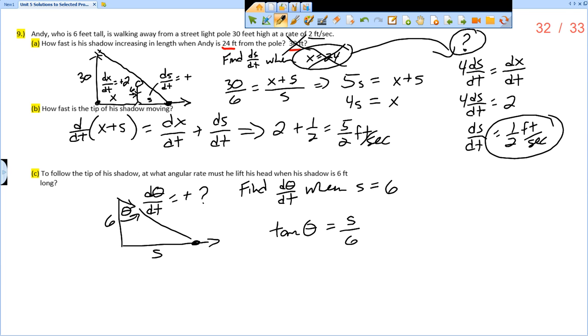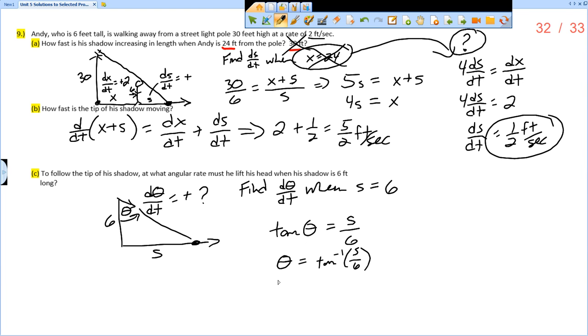How do we take the derivative of this? Well, we can take the derivative in one of two ways. Since we want to know d theta/dt, we could take the inverse tangent and say that theta is the inverse tangent of s over 6.